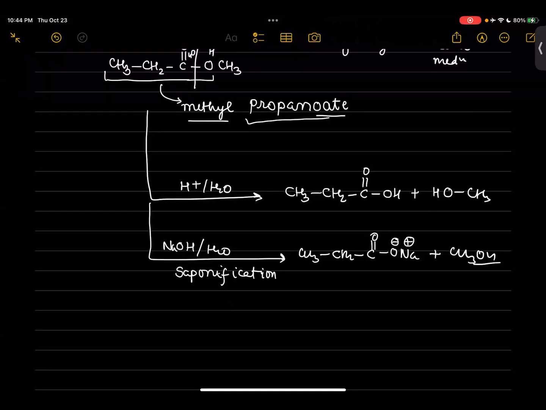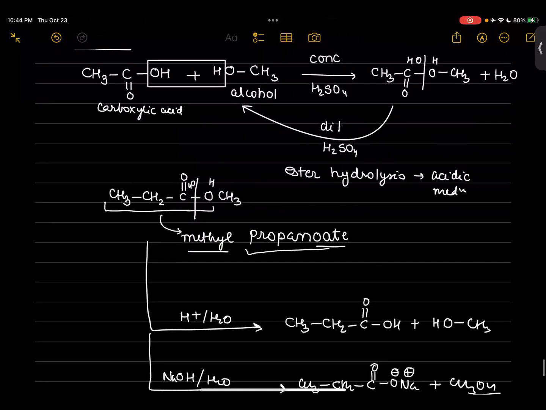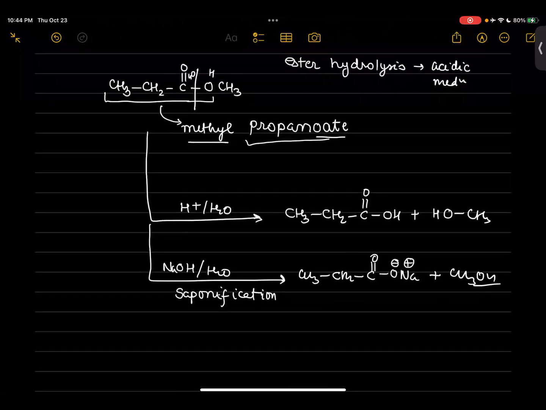It's saponification, right? So it can be used for the preparation of sodium salts of carboxylic acids if they are long chain carboxylic acids, and they will be called soaps. Is it clear? Suppose you have 18 carbon atoms in this carbon chain, then you have that 18 carbon chain and COONa. That is known as the sodium salt of the carboxylic acid, or soap. Got it?